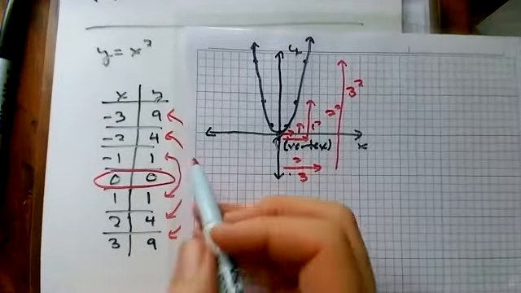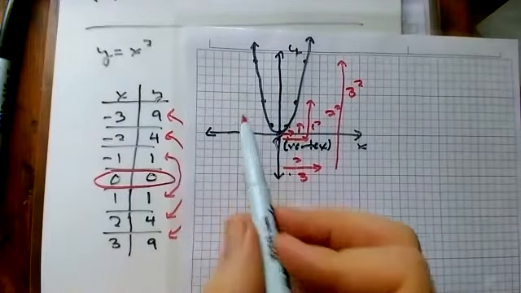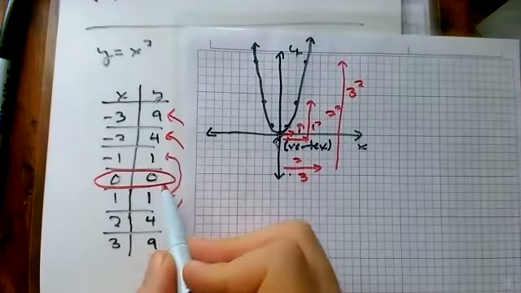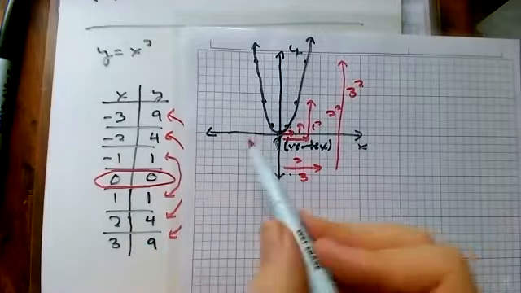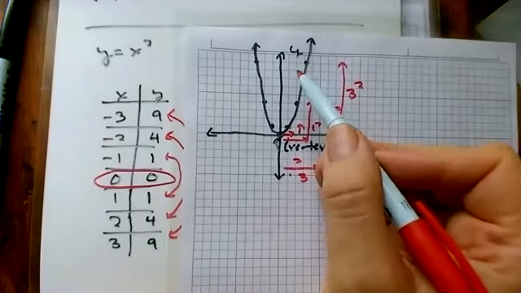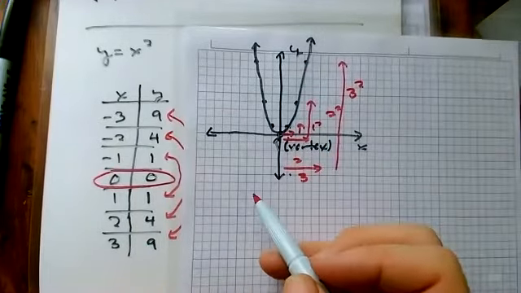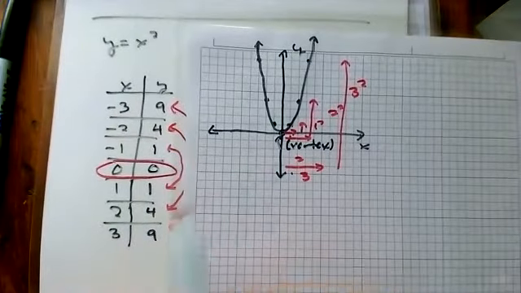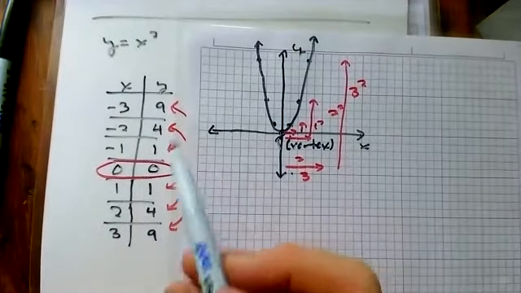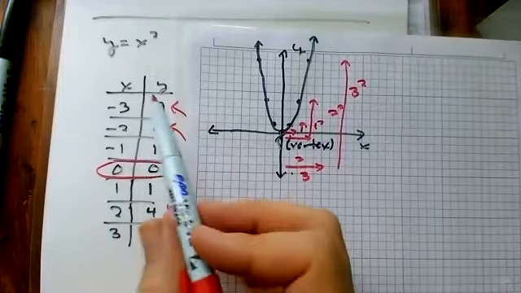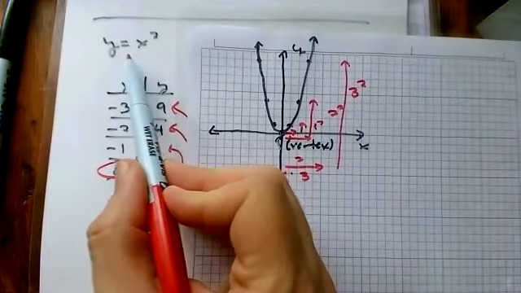Once you know where that vertex is, then that distance squared is essentially the rise. One of the things that's also going to impact this is if I have any number in front of this.